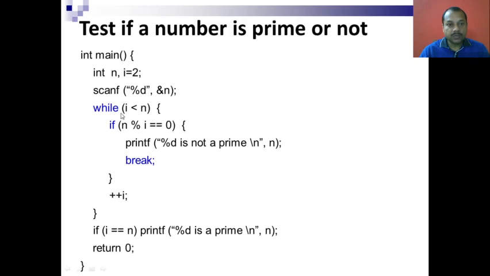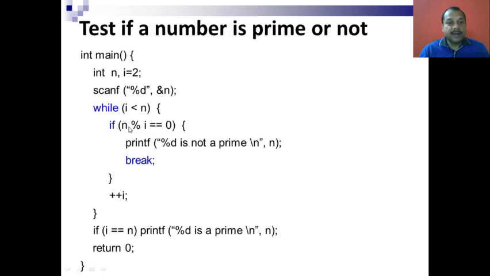Inside this while loop, as long as i is less than n, I will start from 2 and reach up to less than n, which means up to n minus 1. I am dividing with the percent operator, so after this division I get the remainder. If the remainder is 0, which means n is divisible by i, then I declare that n is not prime.